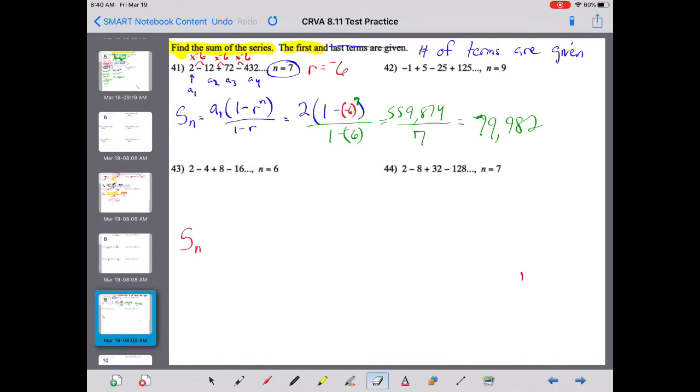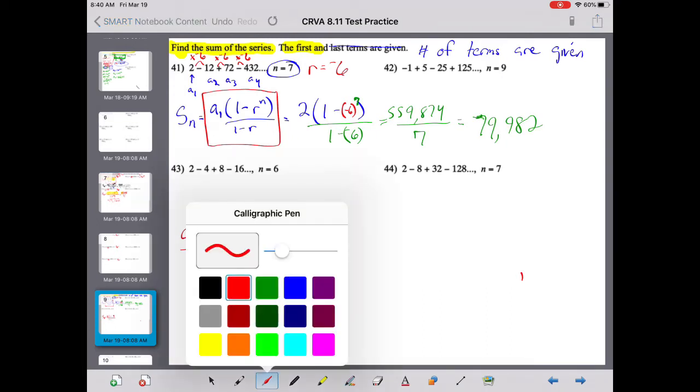So the sum, I'll change it right away to 6 terms. n is 6 here. It's going to equal the first term, using this formula, the sum of a geometric series. First term is 2, parentheses 1 minus, I don't have the rate. I have to raise the rate to the 6th power because there are 6 terms in this series, divided by 1 minus the rate.